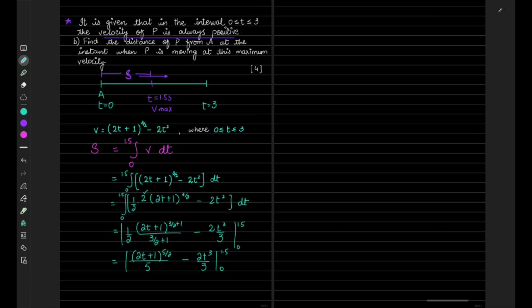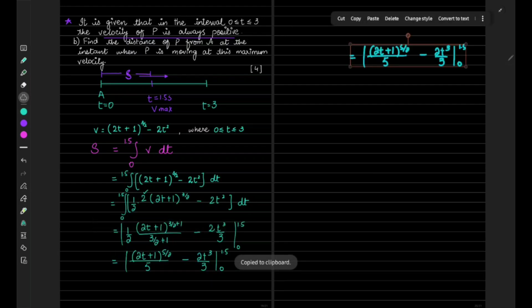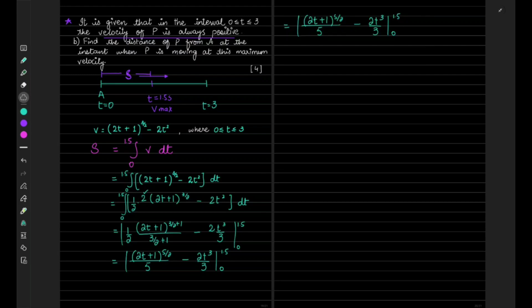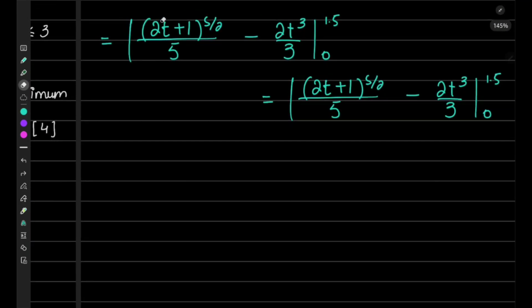Now, substituting the limits inside. How can we substitute? First put 1.5 in this hole and then put 0 in this hole. In place of this t, I have to put 1.5, 1.5, 0, and 0.